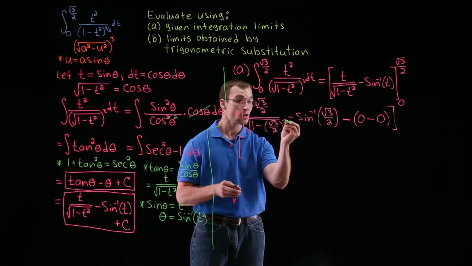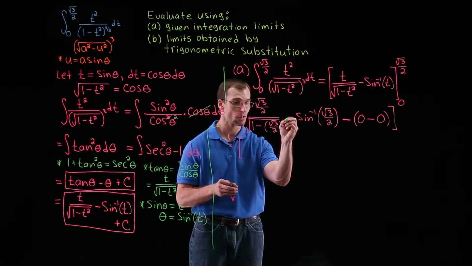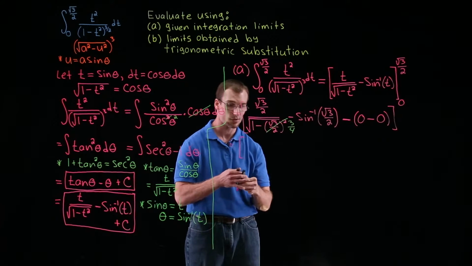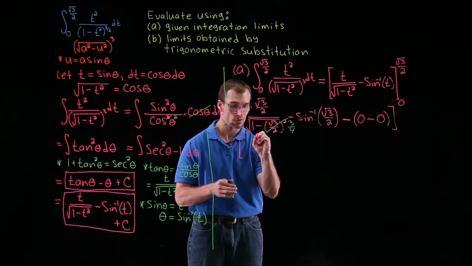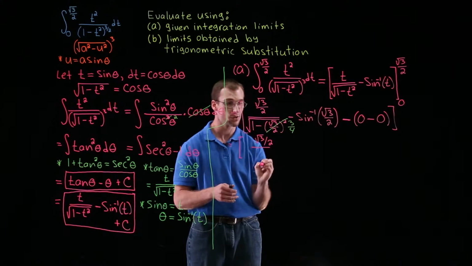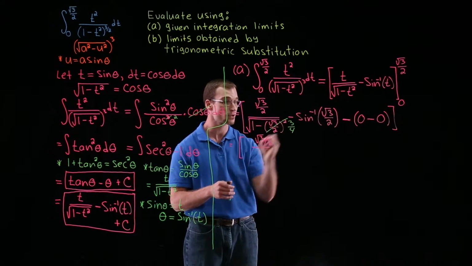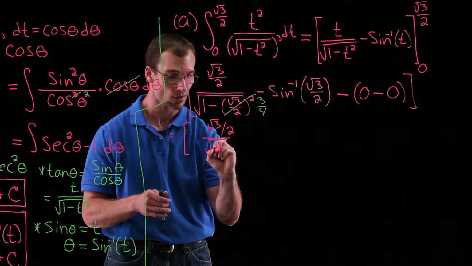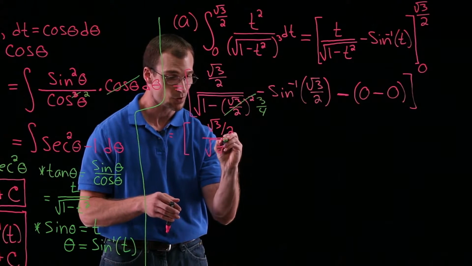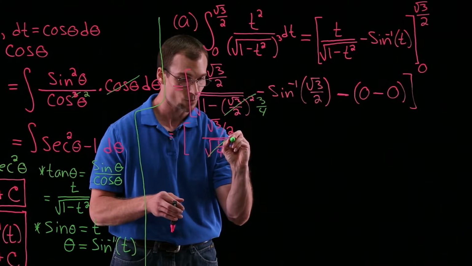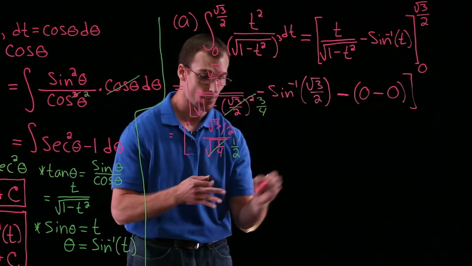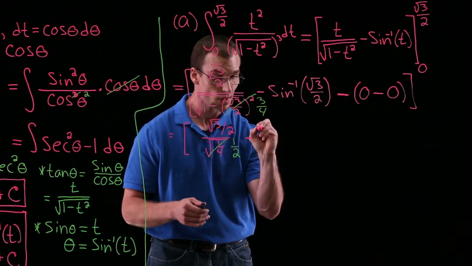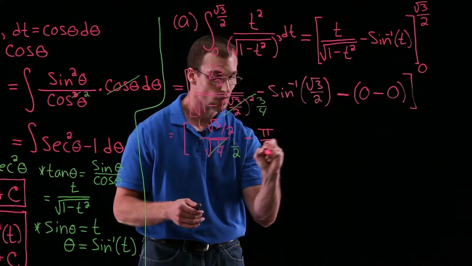So we're equal to, well, coming up here, squaring root 3 over 2 will give us 3/4. So we'll have root 3 over 2 over the square root of 1 minus 3/4. 1 minus 3/4 is 1/4, and the square root of 1/4 is just 1/2. And minus sine inverse of root 3 over 2 gives us pi over 3.